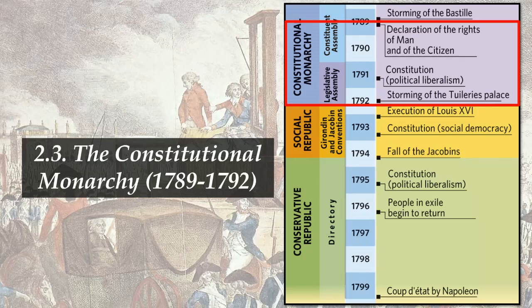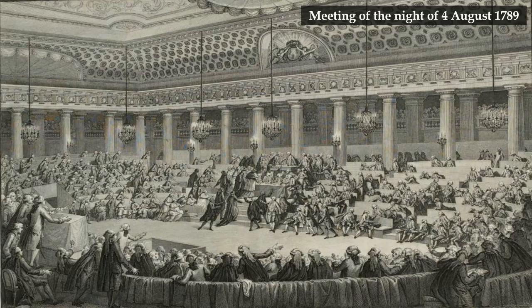So now we have the moderate bourgeoisie in power. They rule with the king, and while they were drafting the constitution, they approved some revolutionary and very interesting legislative work.